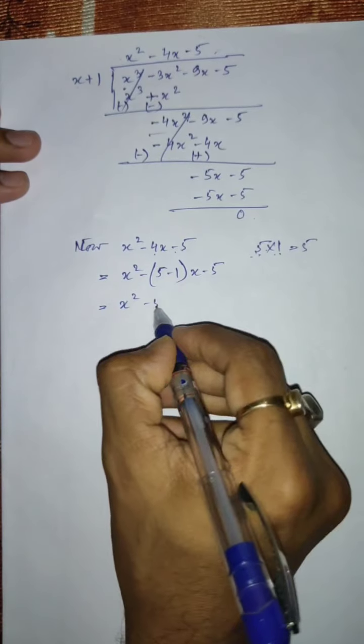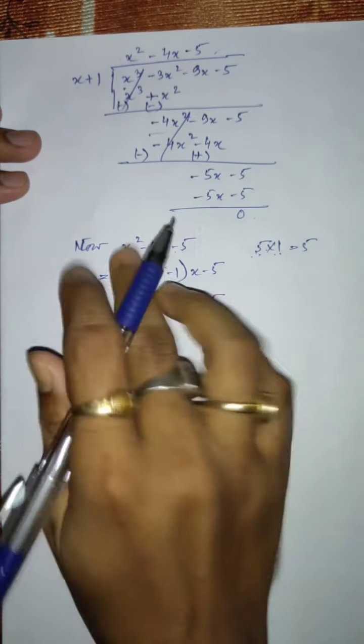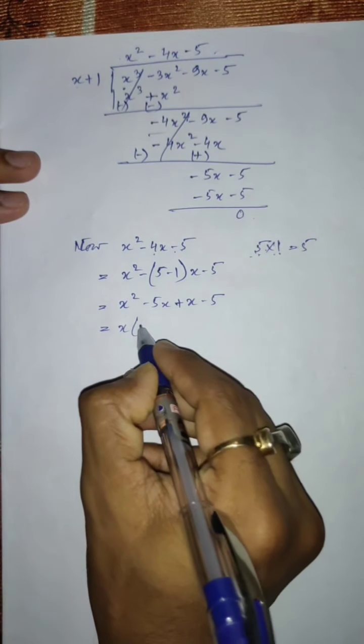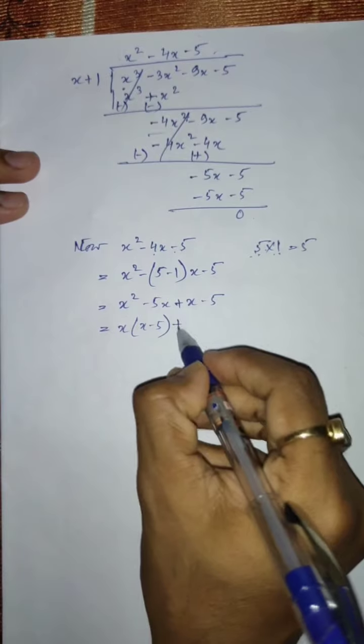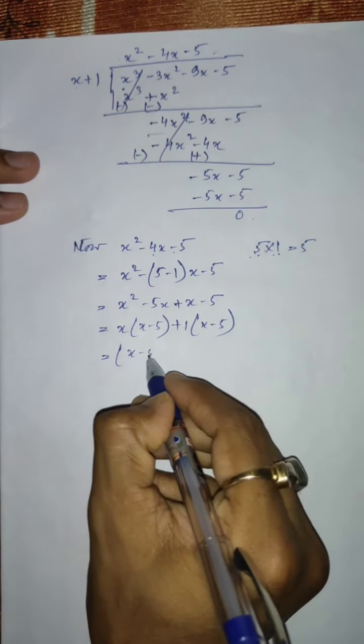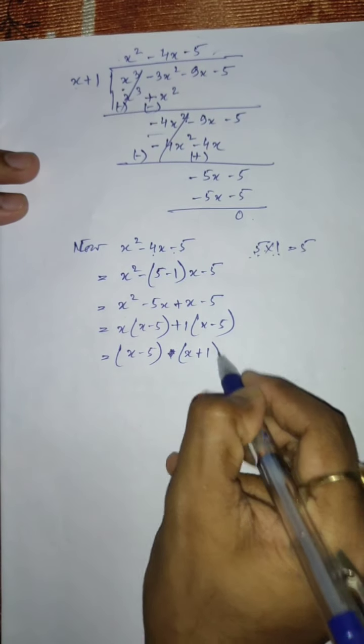So x square minus 5x plus x minus 5. I have removed the bracket. Now take common: x minus 5 plus 1 into x minus 5. So x minus 5 into x plus 1.